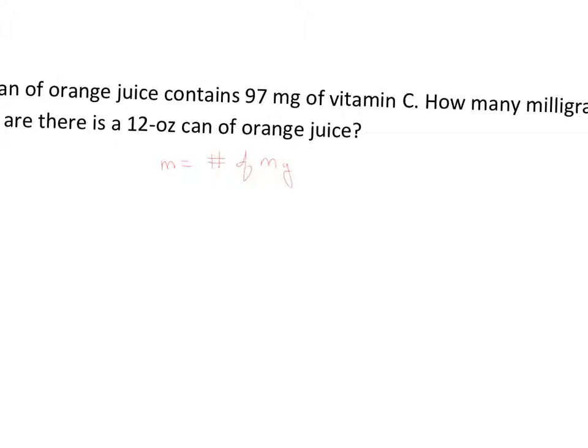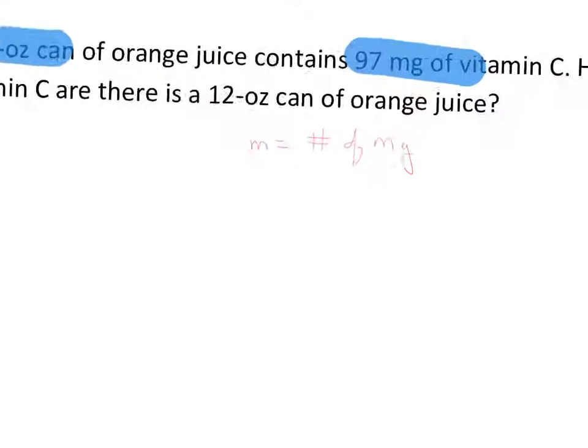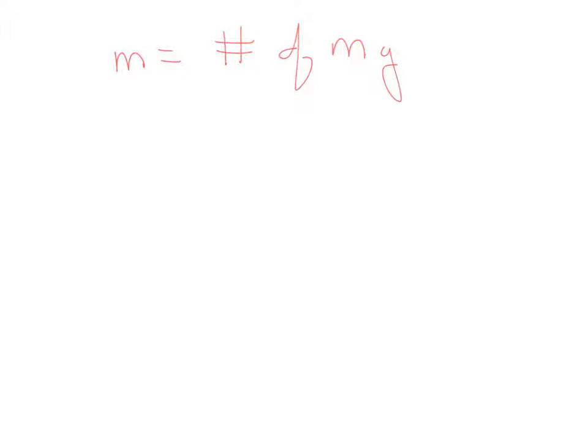So if I come up here, I'm going to highlight for you, 8-ounce, 97 milligrams. That's one relationship. Now go down here to the bottom and let's write our proportions. So we know 8 ounces, 97 milligrams. Again, you want to keep your ounces on top, milligrams on the bottom.